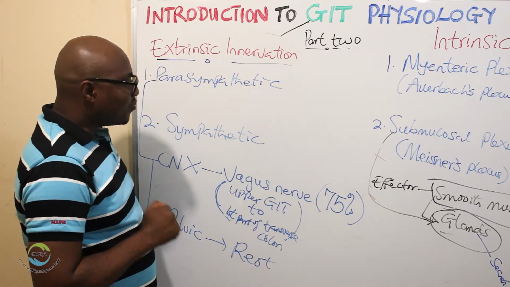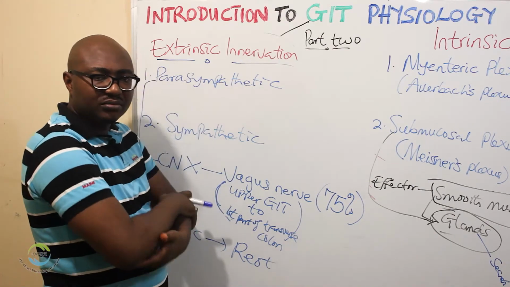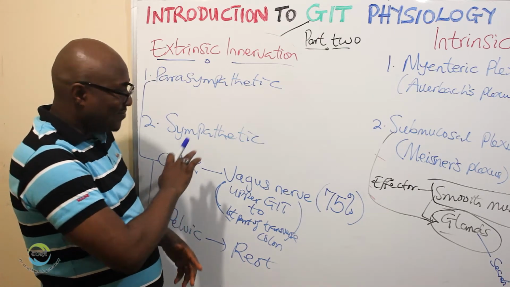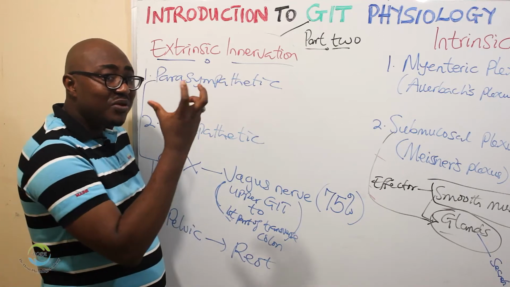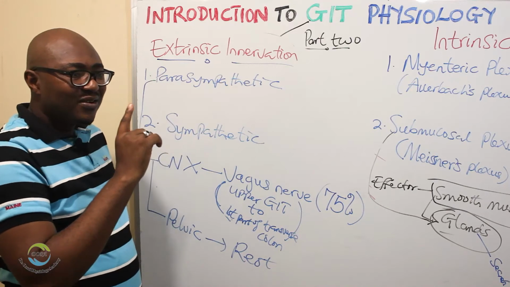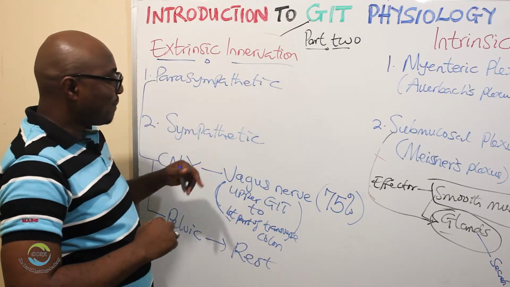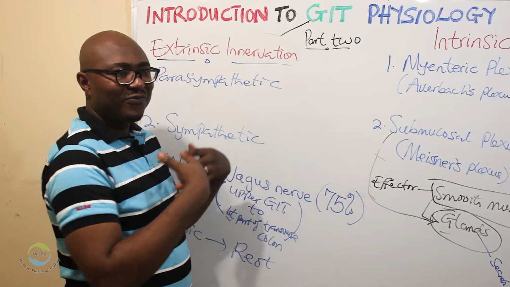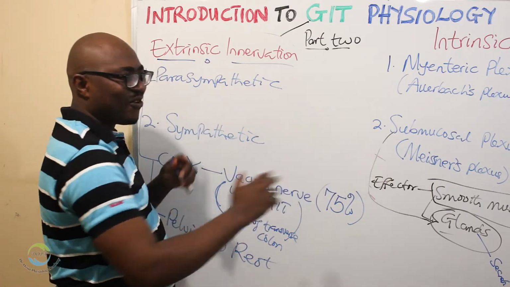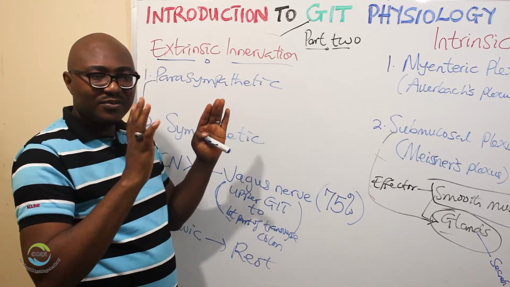This one, the sympathetic, does the opposite. It's usually inhibitory. You see that? It inhibits the GIT. And when you are learning about the autonomic system, which focuses on these two, one of the things that will enable you to understand their actions is that the sympathetic is for fight or flight. We call it the fight or flight response. It's like energetic danger responses.